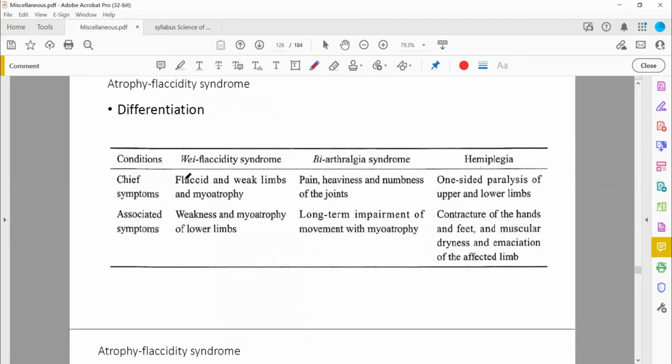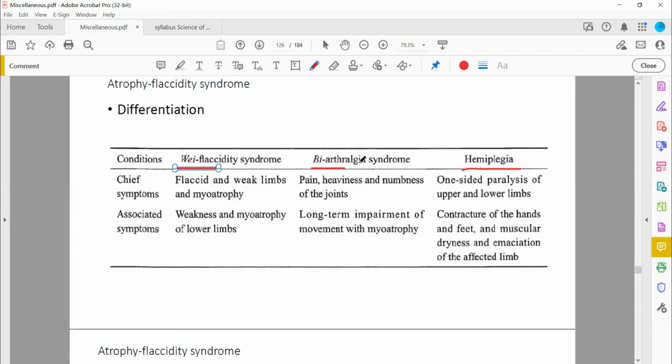Differentiation, let's see, differentiation from the Wei syndrome, Bi syndrome, and hemiplegia. Did we start the Bi syndrome? So let's read first. Chief symptoms. Wei syndrome, that's flaccid and weak limbs and mild atrophy.